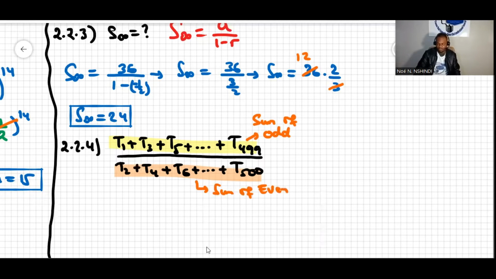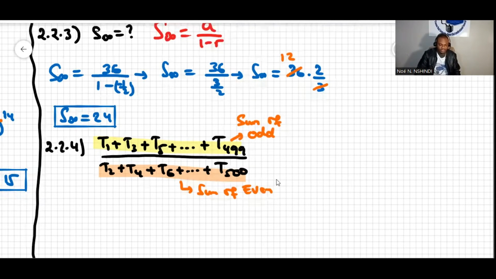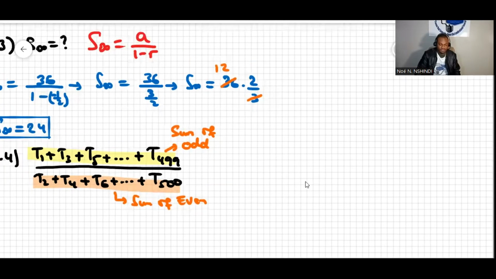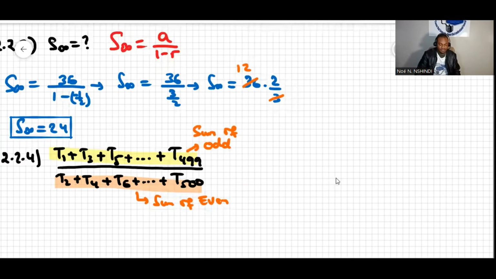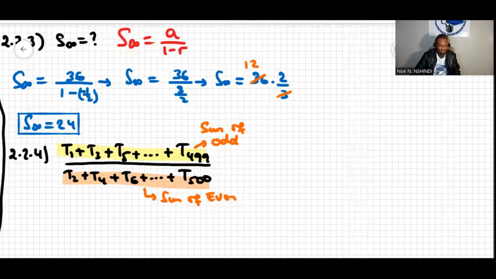So now let's do it. I think I need space. I can just move my board there. Okay, I still have space here underneath. So we can do the sum of odds, the numerator. Odd terms will be given by, okay, because we do know the sum, let's first write the sum formula.